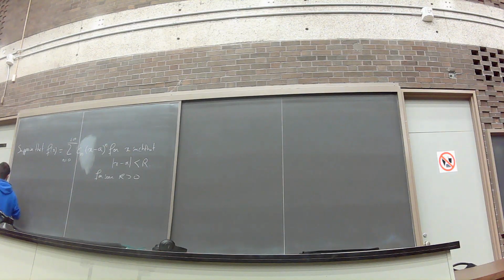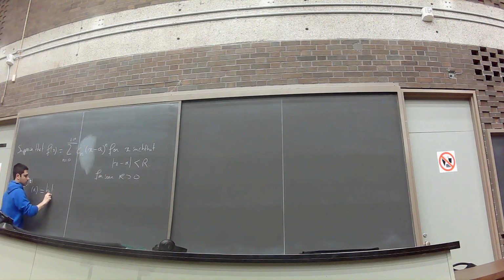Then what can I say about the derivatives of f at a? Then f, let's say k of a, what is it equal to? Well, then f^(k)(a) is equal to k factorial times c_k, right?